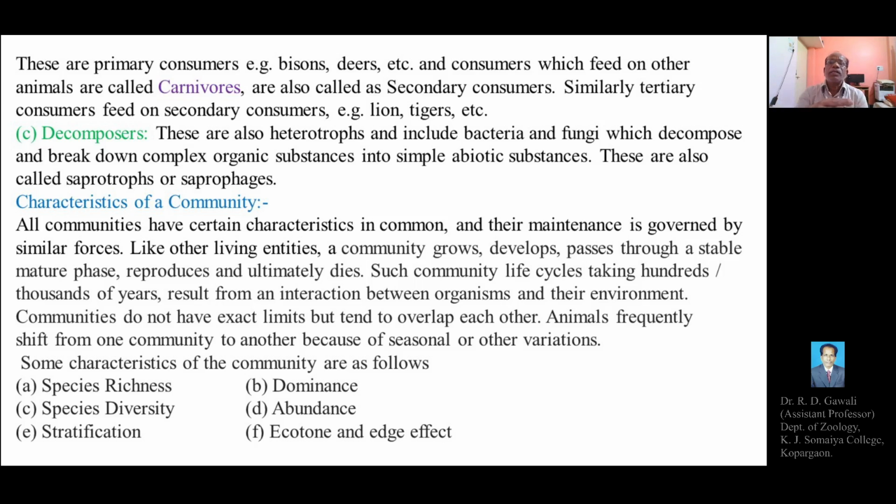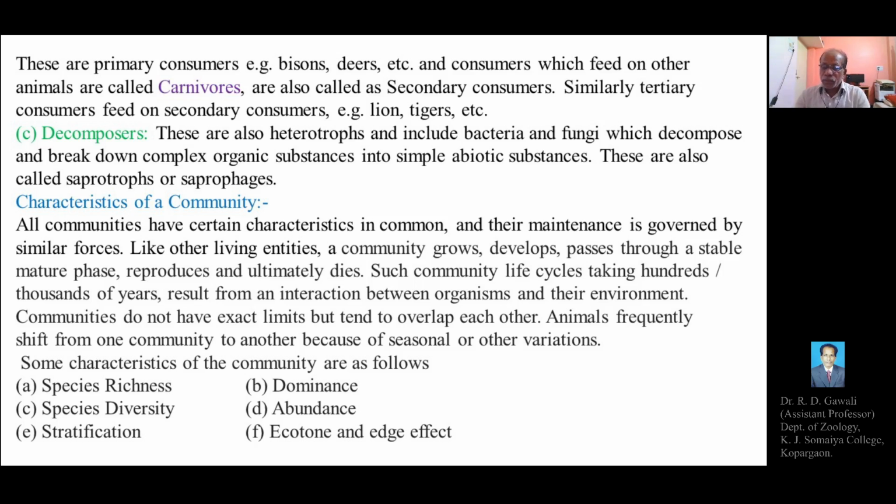So the complex organic substances of plant and animal origin are decomposed by the decomposers, or bacteria and fungi, into simple abiotic substances, and thus they are called decomposers. These are also called saprotrophs or saprophages.